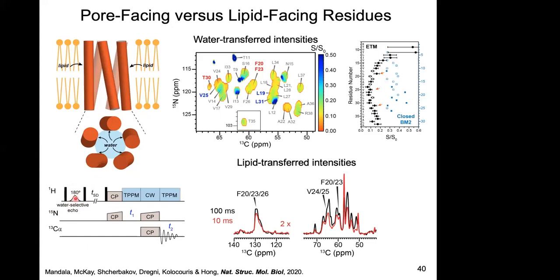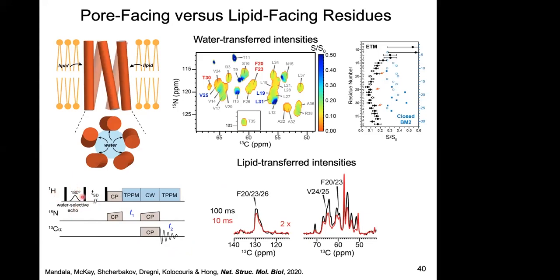And by putting this pulse on resonance with water, proton chemical shift at about 4.8 ppm, then you basically select the water magnetization, and then you transfer that to the protein in this mixing time. Then you do cross-polarization, CP, to whichever nucleus you want, nitrogen or carbon, and then you go on and do your regular nitrogen-carbon correlation. So that would be an experiment where you look at the water-transferred residues, nitrogen-carbon peaks.